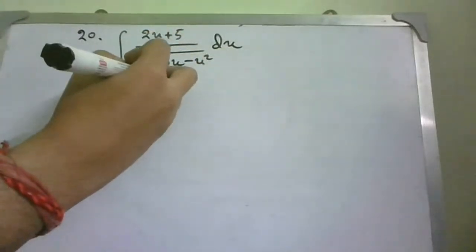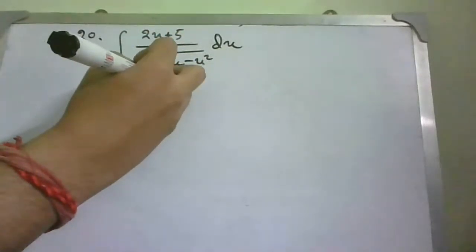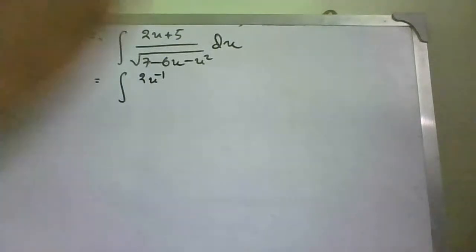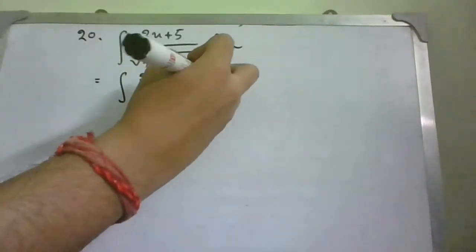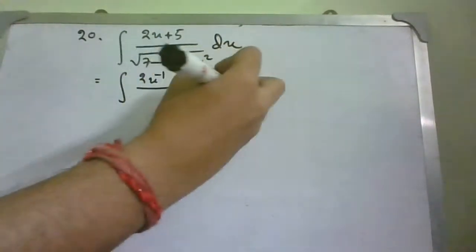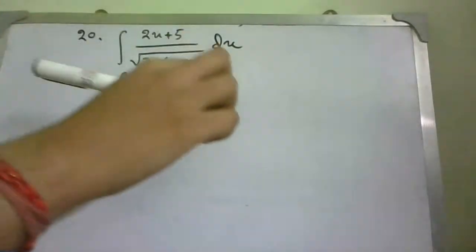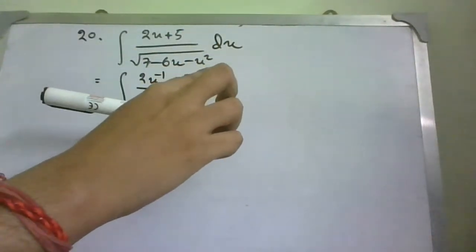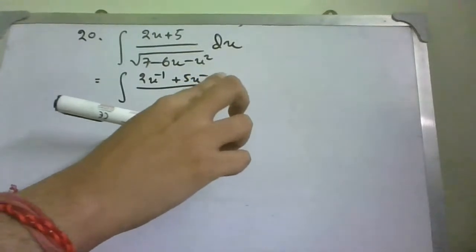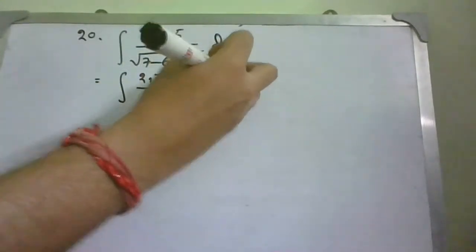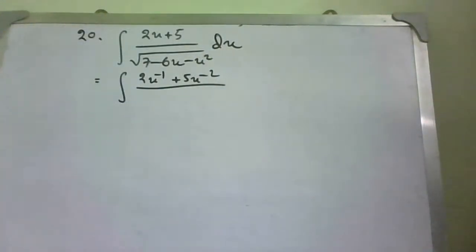Then it will be 2x to the power minus 1 plus 5x to the power minus 2. But will it help after all? Not sure. What if I take x to the power 6 common from here?